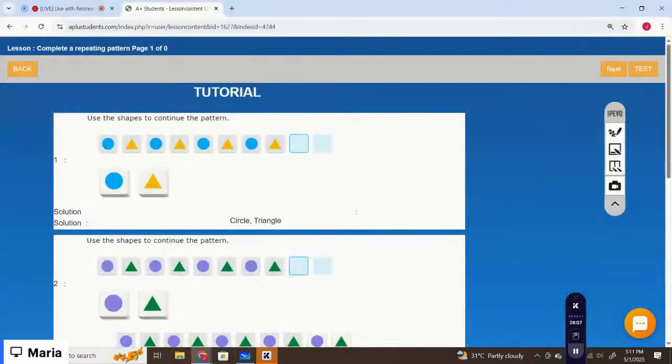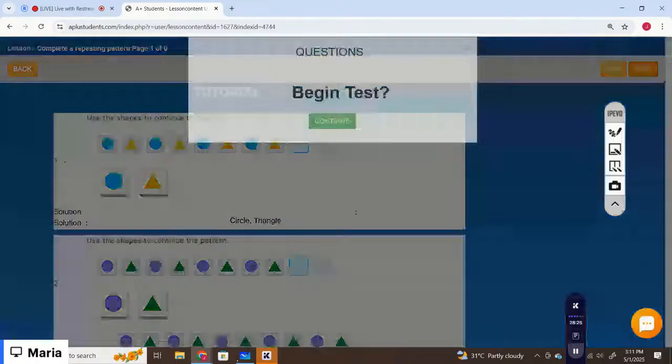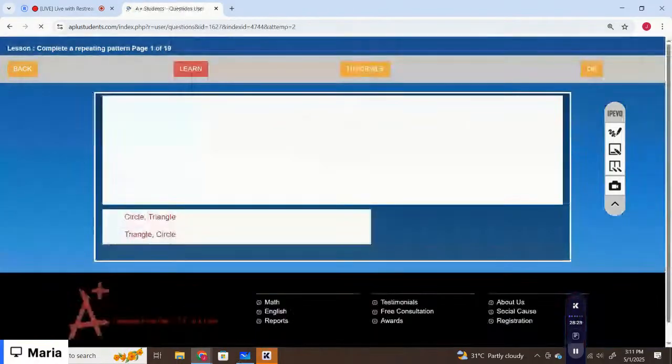Use the shape to complete the repeating pattern. The shape has circle and triangle that keep repeating itself. So the next one in the sequence is circle and triangle. Let's just start with the test questions.